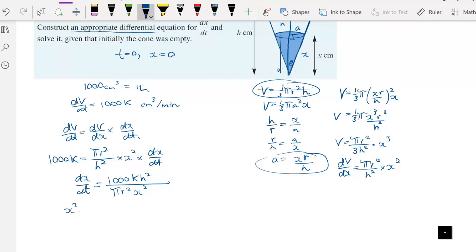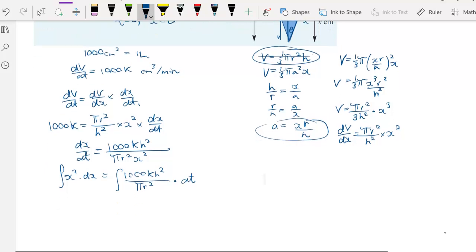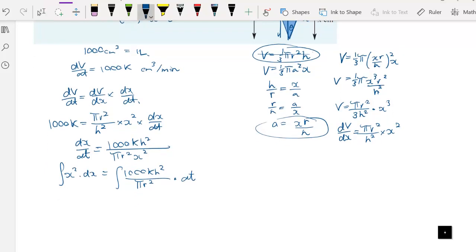So we've got x squared dx, and we've got 1000k h squared on pi r squared dt. So this is 1/3 x cubed and 1000k h squared t on pi r squared plus c.